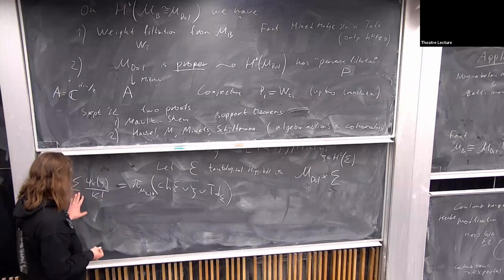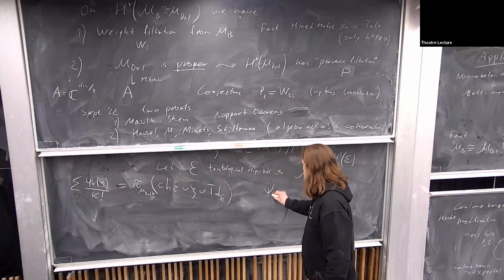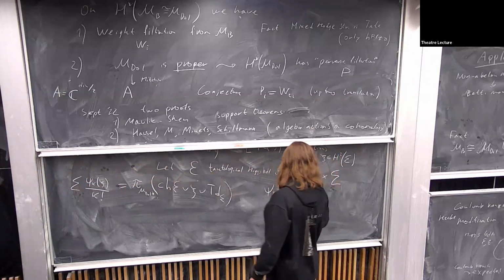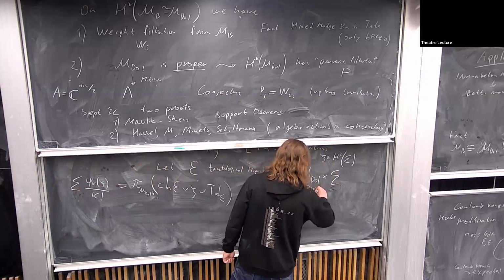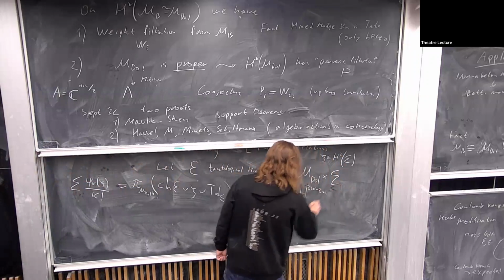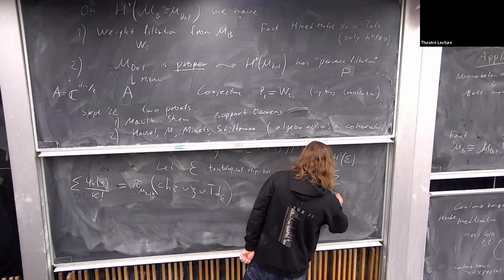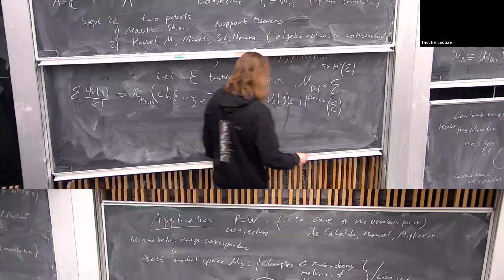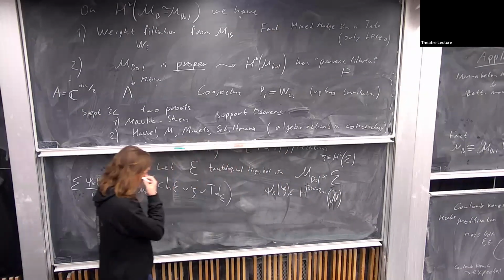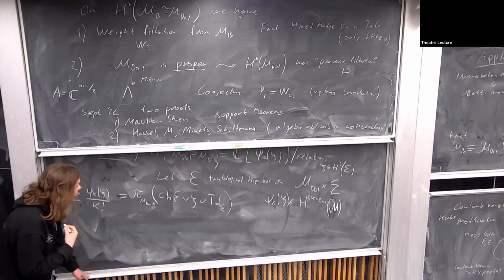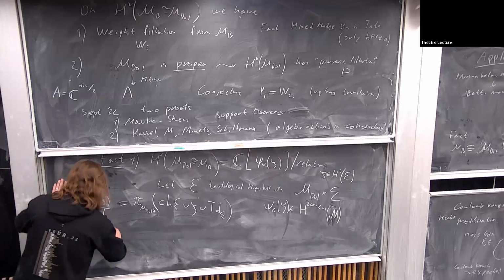So I write it like this, and then this class lives in cohomology degree k minus 2 plus pi of the model. Okay, those are tautological classes, and then there is another fact.